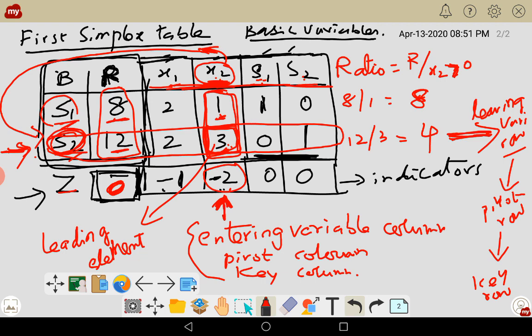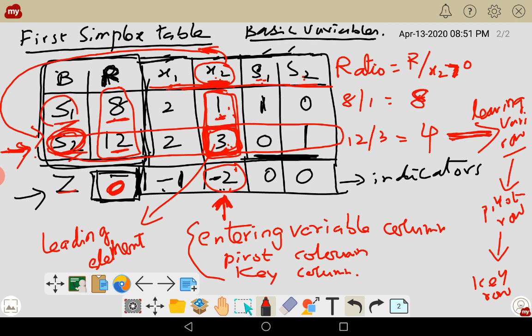Now the work of reduction starts. In the case of reduction, if there is a leading element, this leading element should be converted into 1, and other elements in the column should be 0. That's the process of reduction, isn't it? So we are going to do the reduction again for this matrix. Now we are going to take only this matrix.